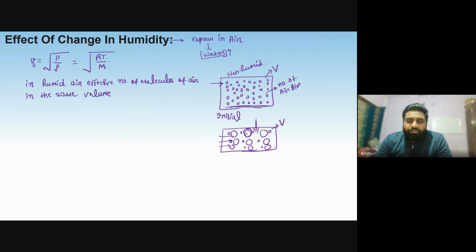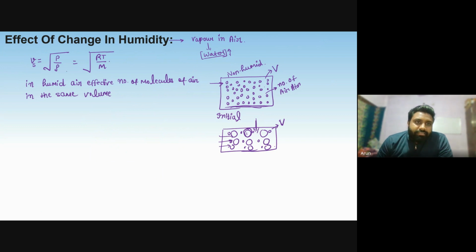Tell me. Is it increasing or decreasing after adding the humidity? What will be the effect on the effective number of air molecules? So very good, Divyansh. You are saying that it has decreased.